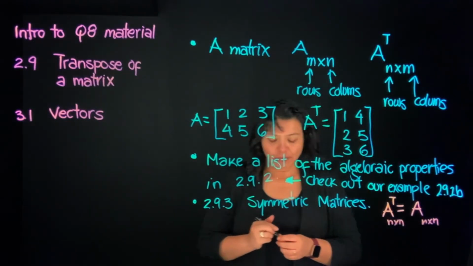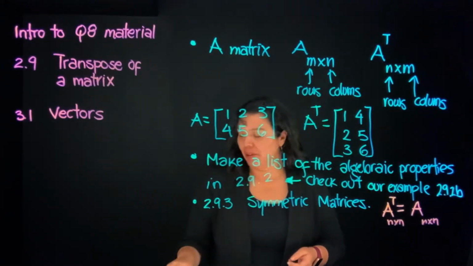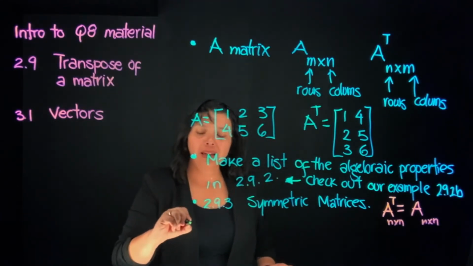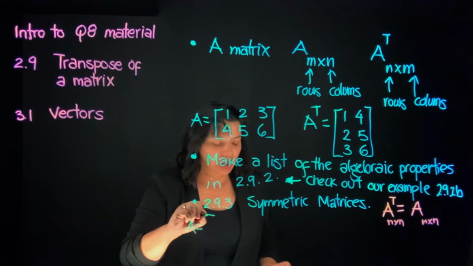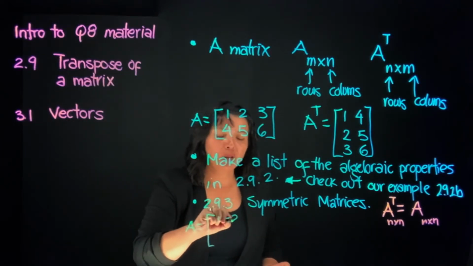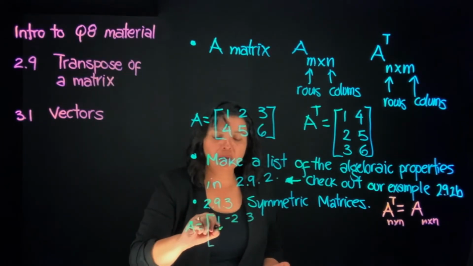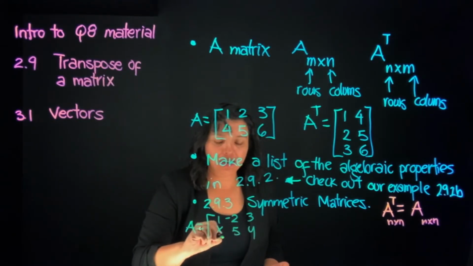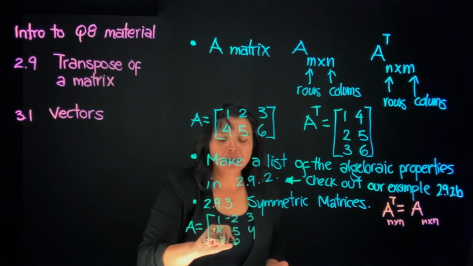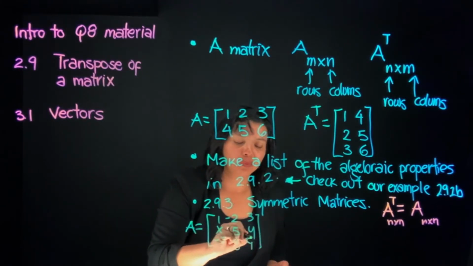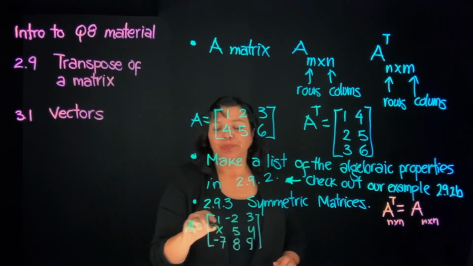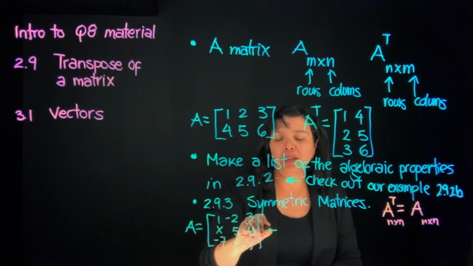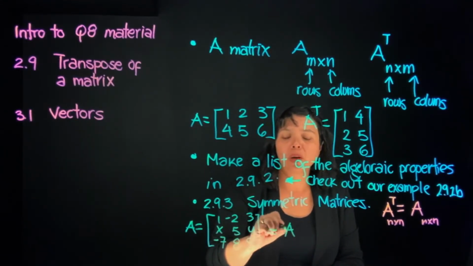The type of problems that you want to be able to solve is, for example, if A is a matrix, say 1, -2, 3, some number x, 5, y, -7, 8, 9, and I want this to be symmetric, so I want this to be equal to A transpose.